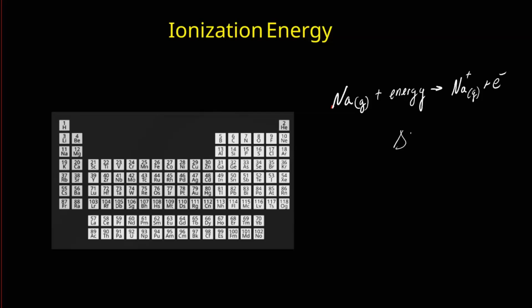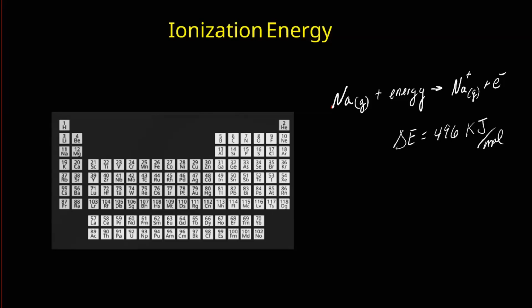If this change in energy is like 496 kilojoules per mole, this is an endothermic reaction because I have to add energy to cause it to remove the electron.